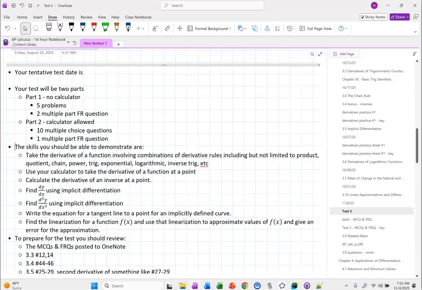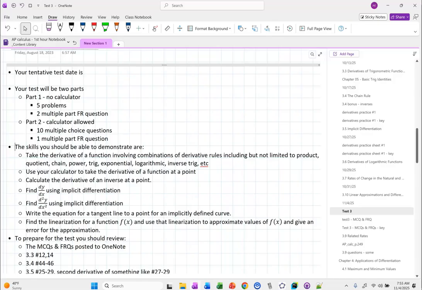I don't need you to simplify things to make it pretty at the end. If I want you to test that you're able to simplify and get it to look pretty at the end, I'll put it as a multiple choice question where you're forced to simplify enough to get the answer. Does that make sense?